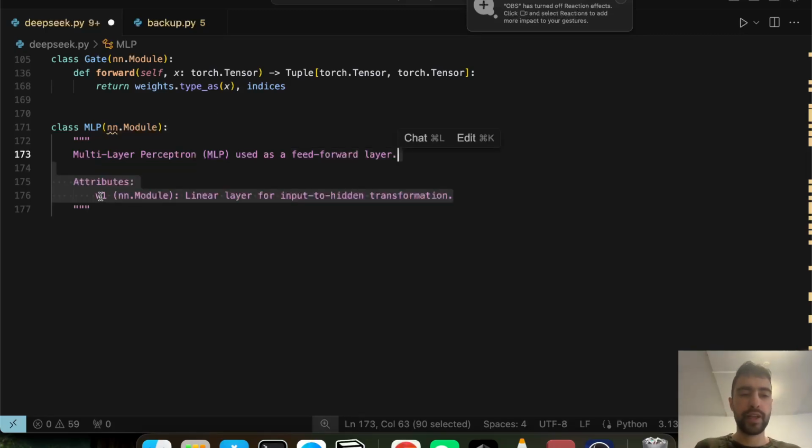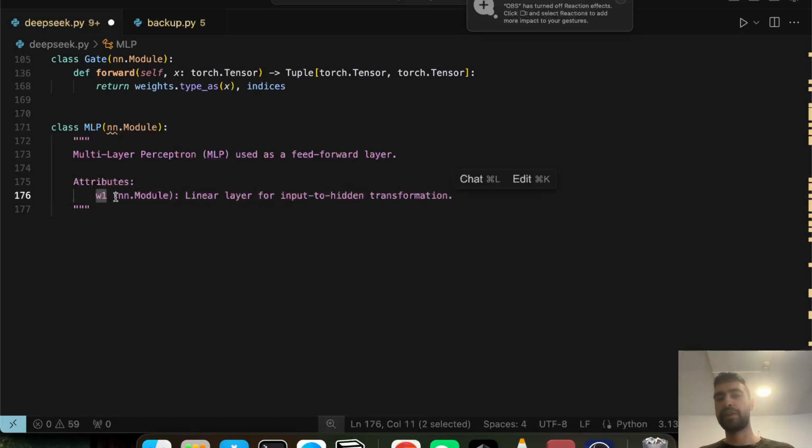The first attribute is the first set of weights, W1. This will convert from our input vector, and remember, this input vector is of size token, but it's a token that's been added with all of the context around, with all of the tokens after the self-attention layer.